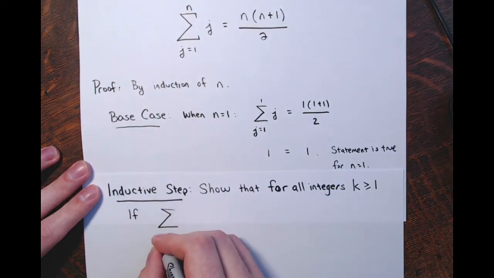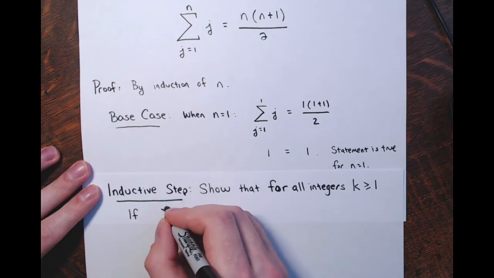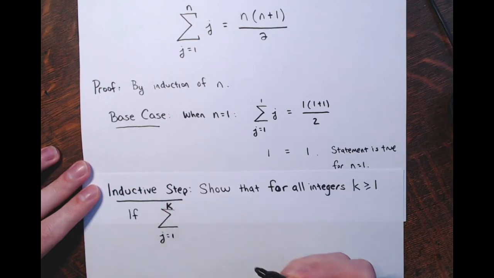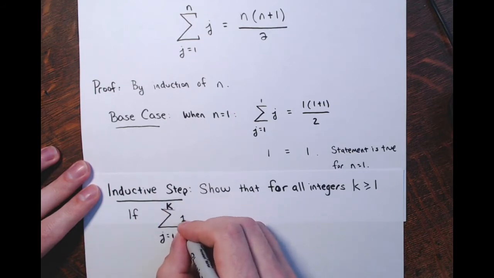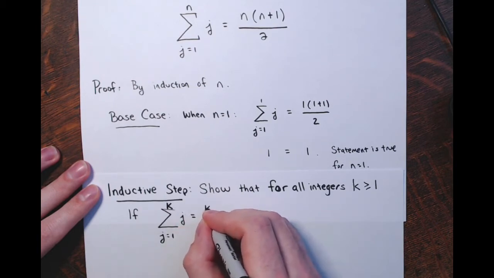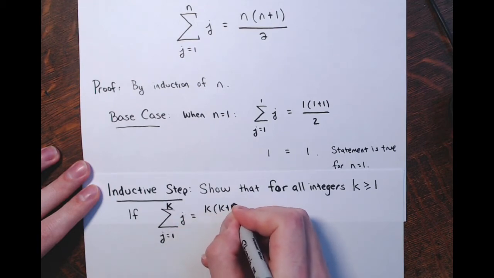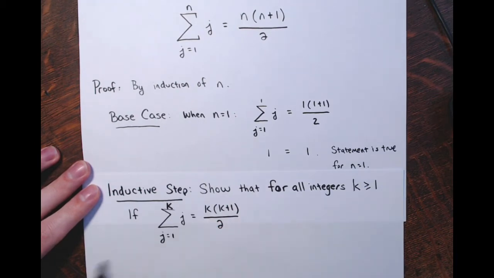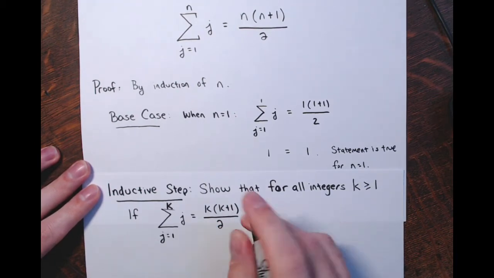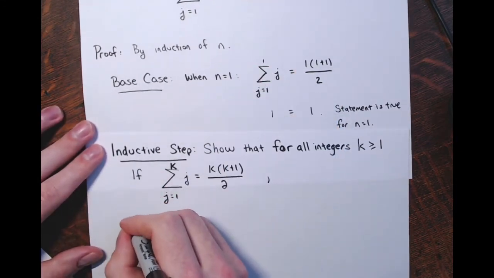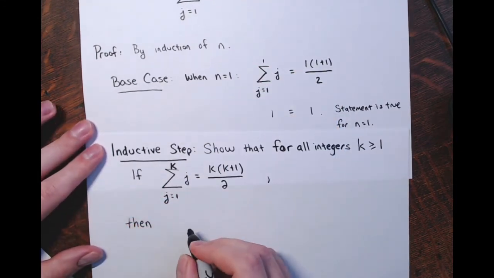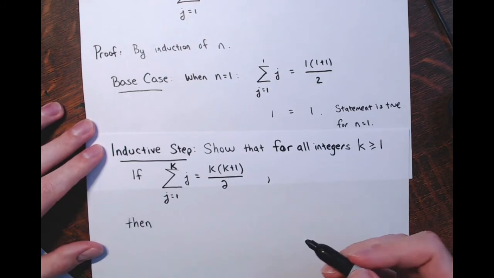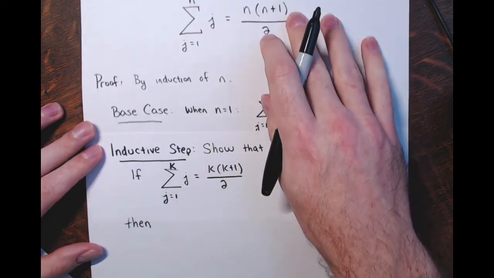so if the statement is true for n equals k, so the sum from j equals 1 to n equals k of j equals k times k plus 1 divided by 2, if this is true, then the statement will also be true for when n equals k plus 1.